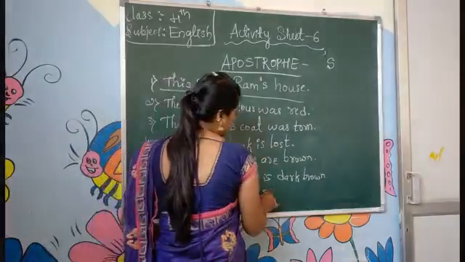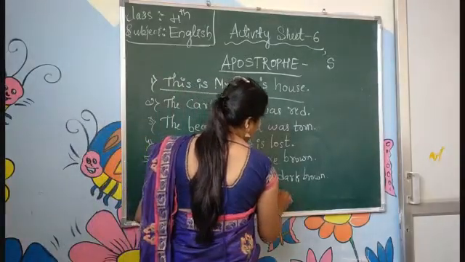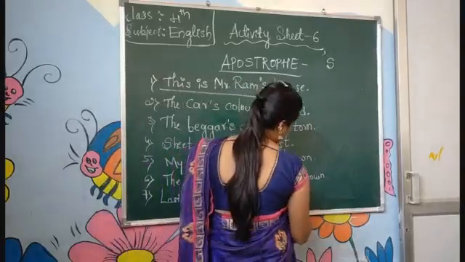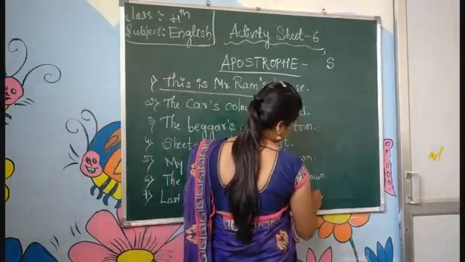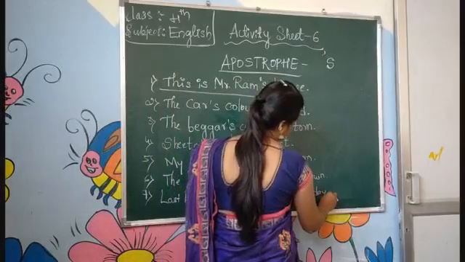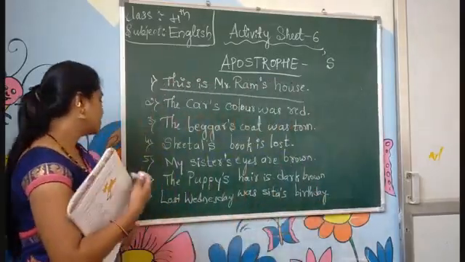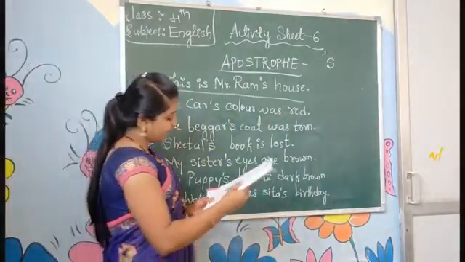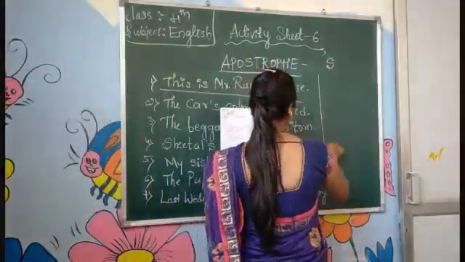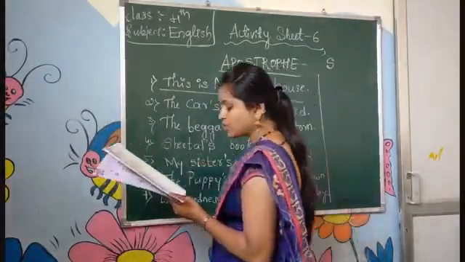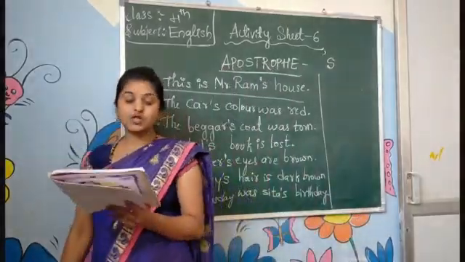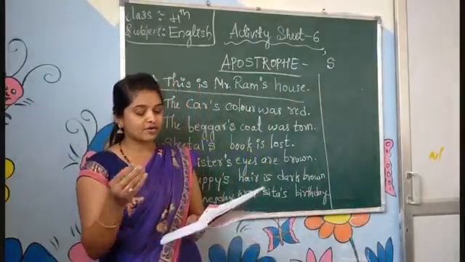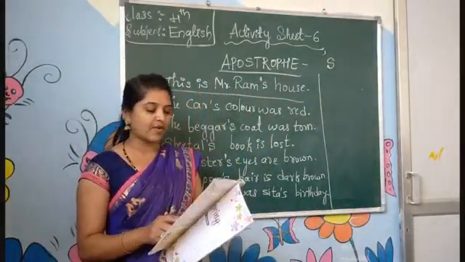Sita's birthday. Yes, it should be a capital. Last Wednesday was Sita's birthday. Okay. Next, the eighth one: the notebook that belongs to Mike was torn. So this is your homework. The eighth one is left to you. Please write it yourself. Okay.